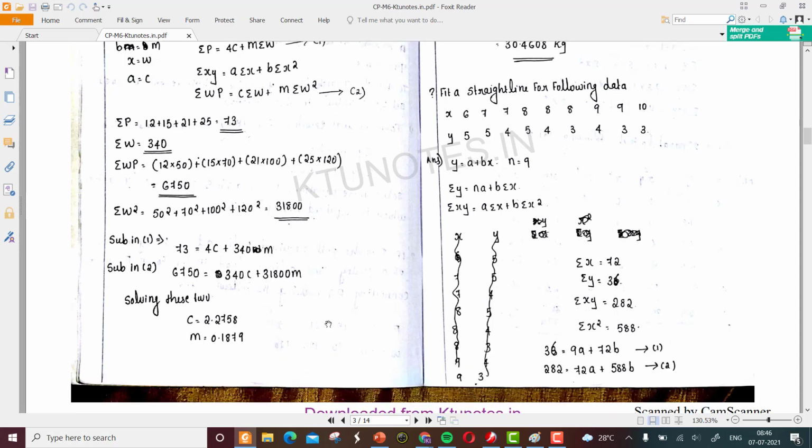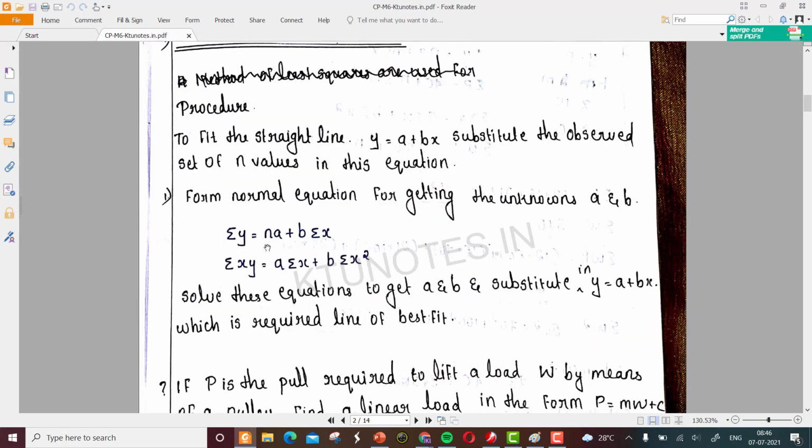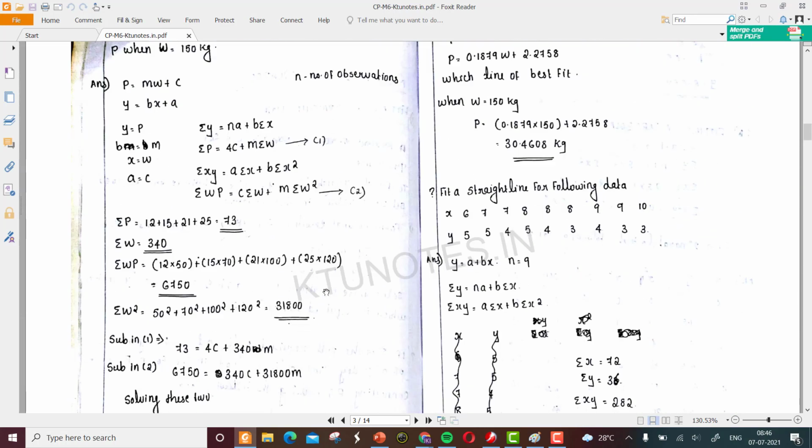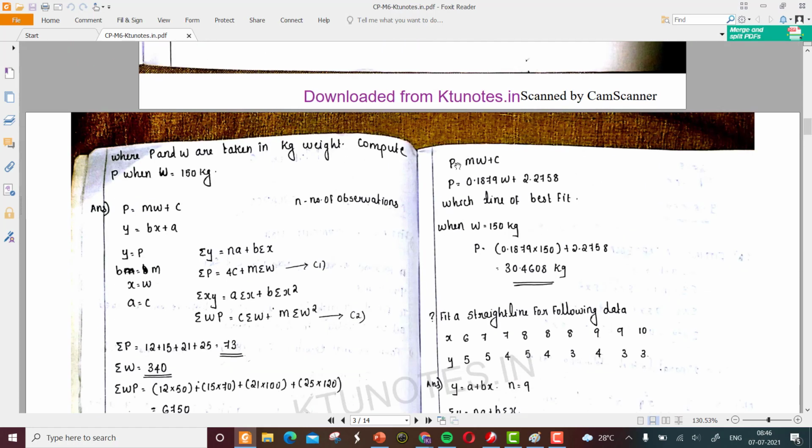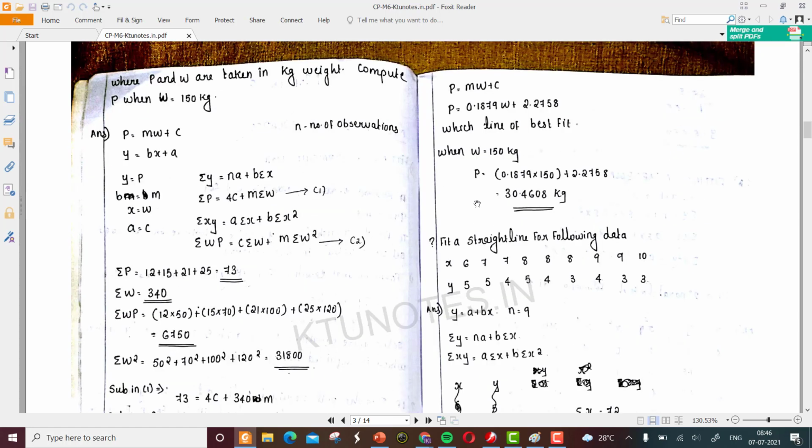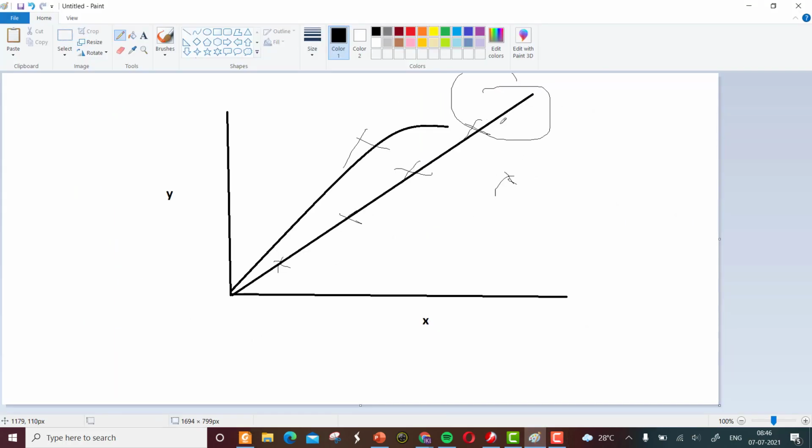So this C and M, in the general case, are A and B. We have customized them for this problem as C and M, and we got P is equal to MW plus C as the straight line equation. You found the M value and C value, and you got the equation P is equal to 0.1879 W plus 2.2758 as the equation of this straight line.